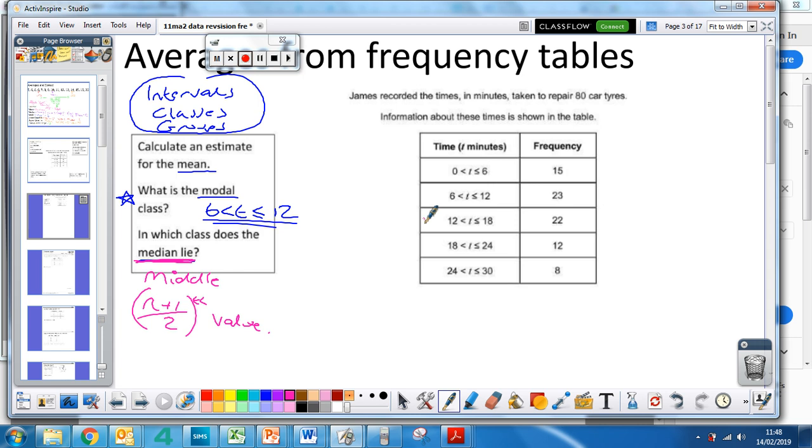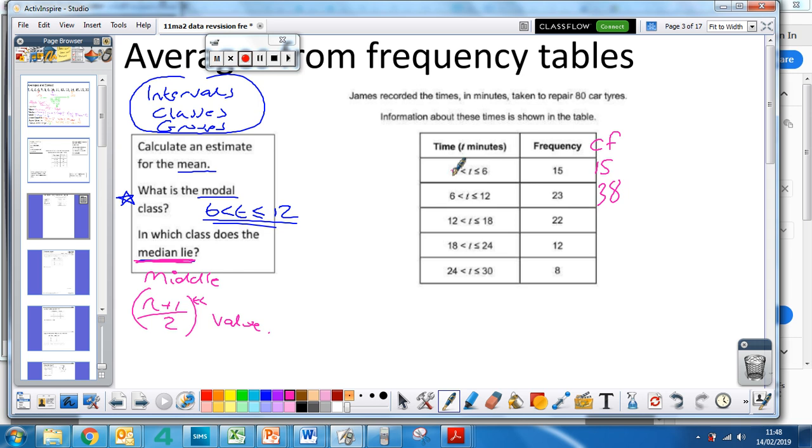What we need to look at here is the idea of cumulative frequency. If you think about cumulative frequency, there are 15 people from 0 to 6. 6 to 12, there are 23 people, which means all the way from 0 to 12, you have got 38 people.